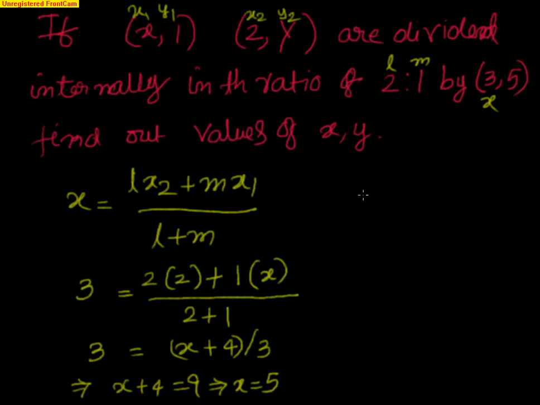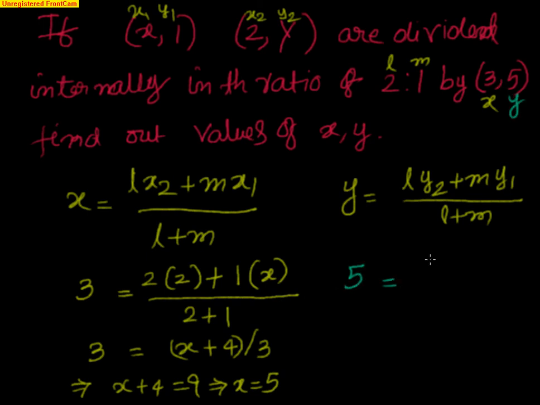Now let's look at the y coordinate. To get the y coordinate, I will apply the formula y equal to Ly2 plus my1 by L plus m. I know y is equal to 5, so 5 is equal to L, which is 2, into y2, which is y, that I have to find out, plus m, which is 1, into y1, which is 1, divided by L plus m, that's 2 plus 1.